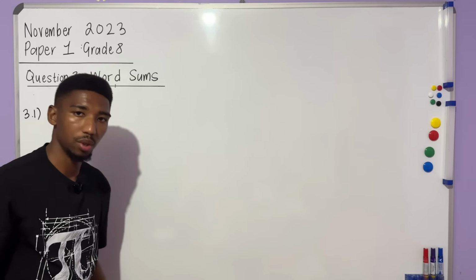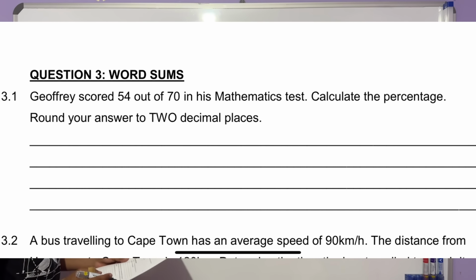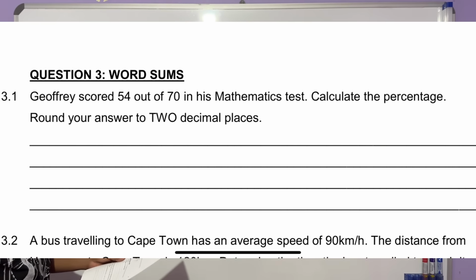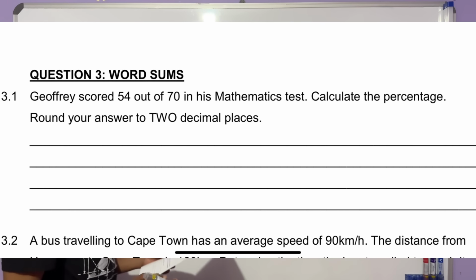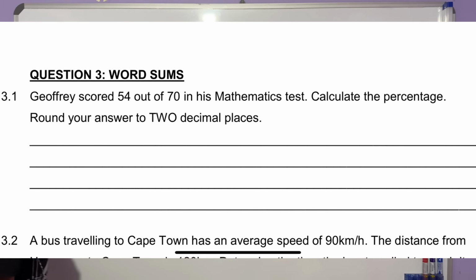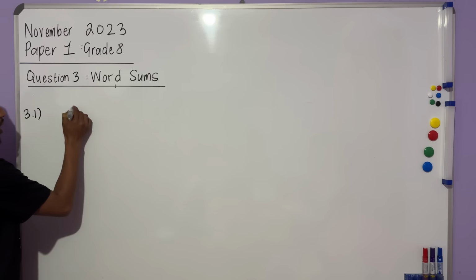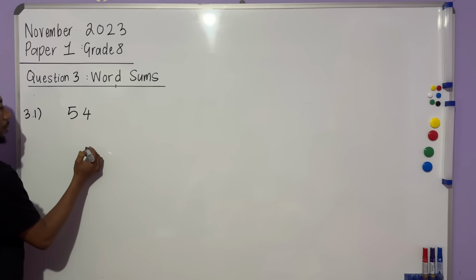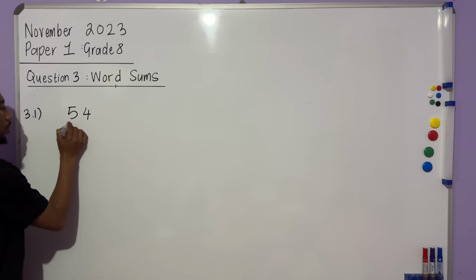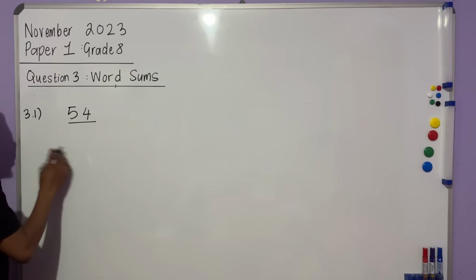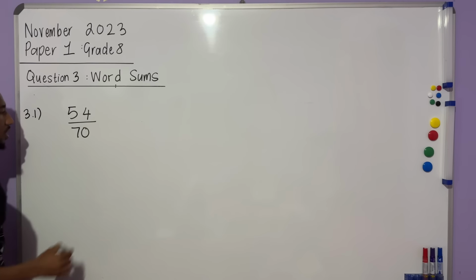In question 3, we have word sums, and in 3.1, it asks us, Jeffrey scored 54 out of 70 in his mathematics test. Calculate the percentage. Round your answer off to 2 decimal places. When we want to convert anything to percentage, we're going to take Jeffrey's score. His score was 54, and it's 54 out of 70, so we're going to divide that by 70.